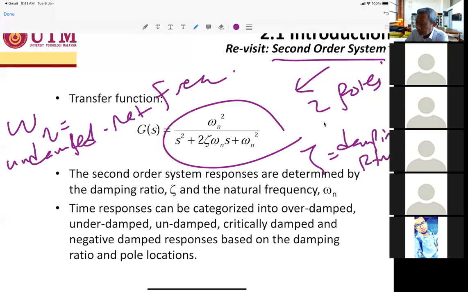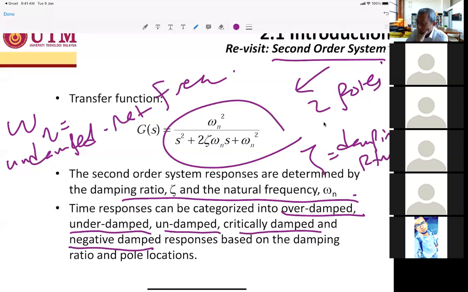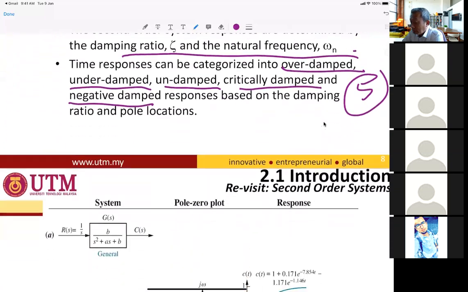The response can be categorized into overdamped, underdamped, undamped, critically damped, and negative damped, based on the damping ratio and pole locations. So we have 5 categories of damping ratio.